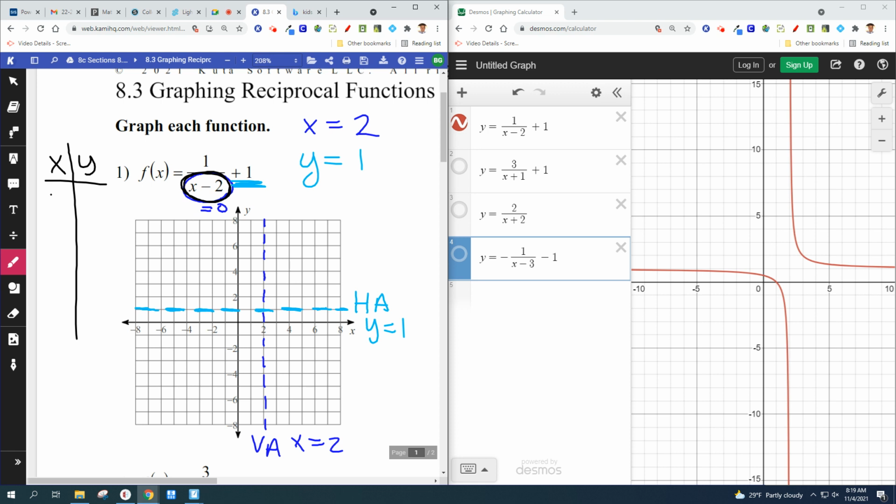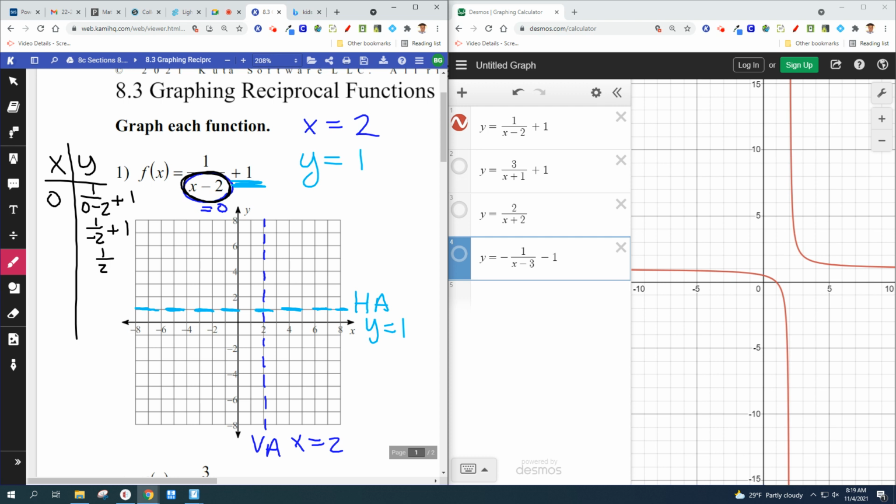So what if we plug in 0? We would have 1 over 0 minus 2 plus 1. That's 1 over negative 2 plus 1. That's negative 1/2 plus 1. That's 1/2.